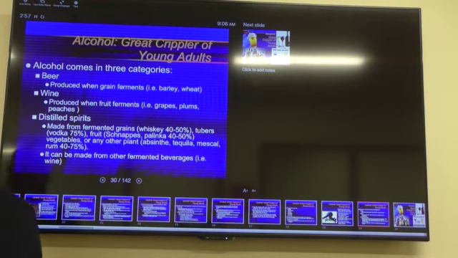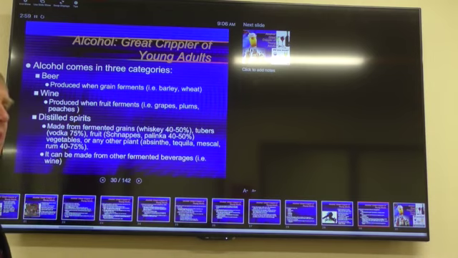Usually it's barley, but sometimes they use wheat, as in, I can't think of, Blue Moon, I guess, is made out of wheat. Wine is produced when you ferment fruits like grapes or plums or peaches. You ferment them and then you let them sit for a while and then it creates wine.